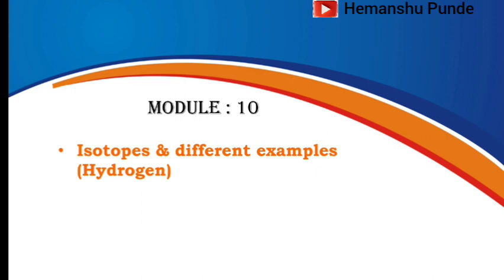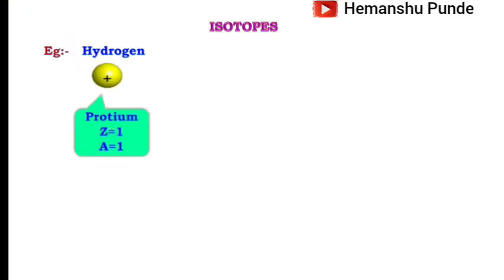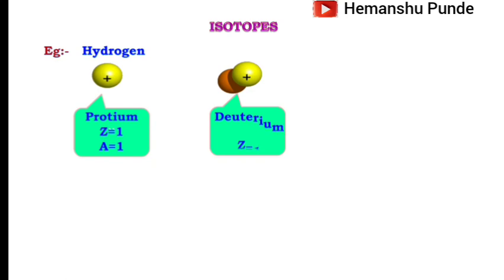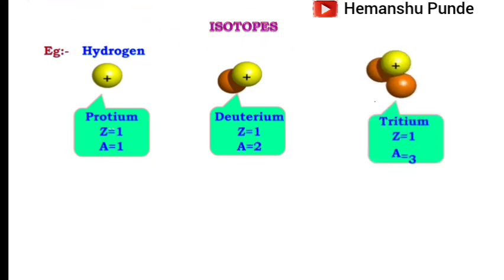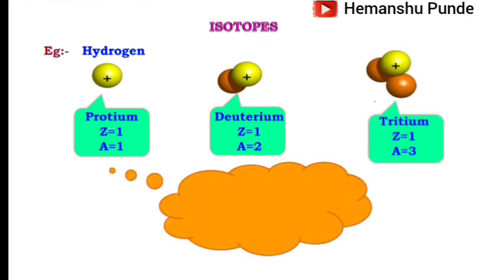Our next concept is isotopes and different examples for hydrogen. What is meant by isotopes? Let's see first for hydrogen. Hydrogen has 3 isotopes: protium, deuterium and tritium.